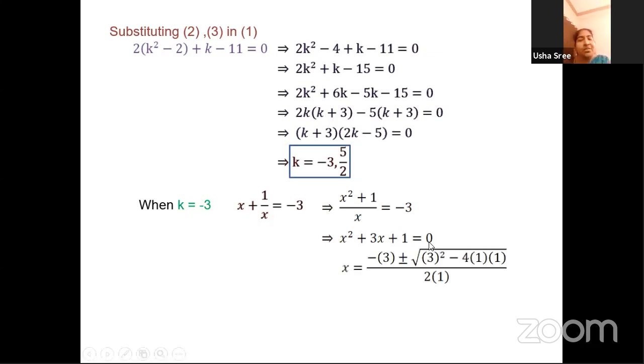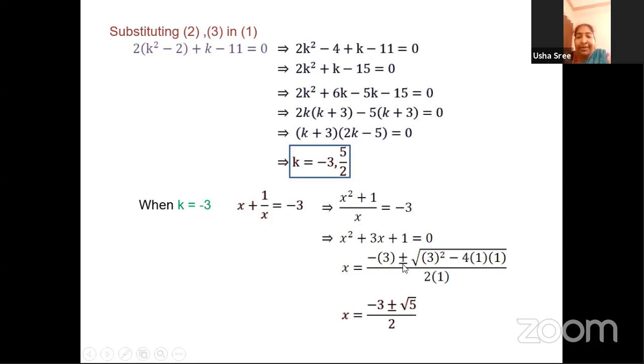Now you can also solve this by factorization method, but here, since the b² − 4ac value, yesterday when I was discussing the nature of the roots, we were talking about perfect square and not a perfect square. Hope you remember that. Now by looking at the b² − 4ac value, I can definitely say that it is not a perfect square. So you are getting an irrational root.